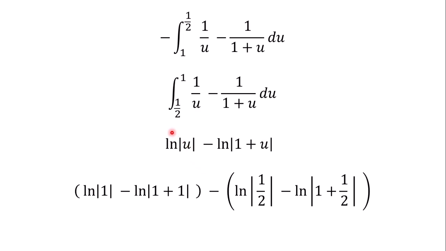After changing, 1 has gone to the upper limit position, so we first put in 1, and then subtract what we get after putting in half. When you put 1, this one will be 0, and here will give us 2. Actually it's positive, so we don't need the absolute value sign.